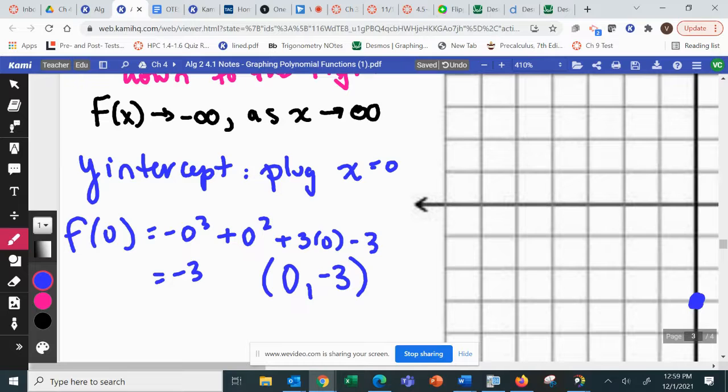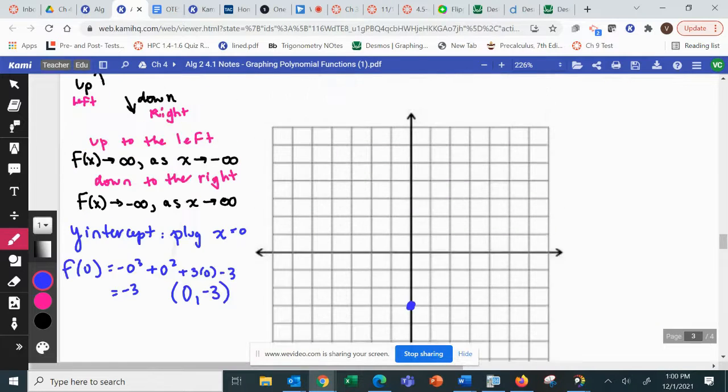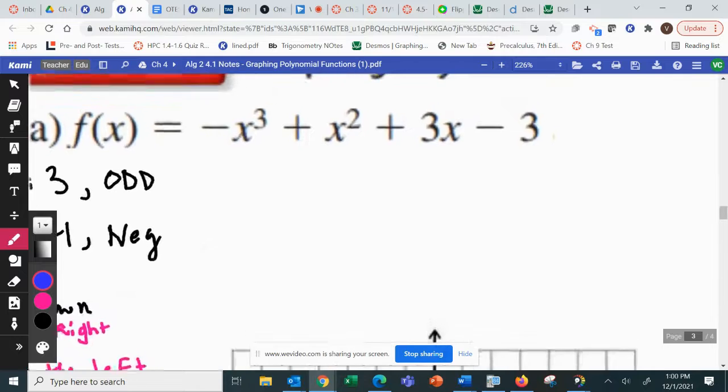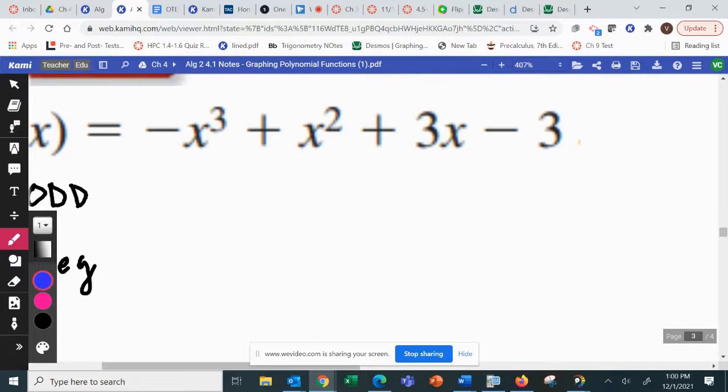What else have we been doing this whole time? Y-intercept. And what? The x-intercepts. When we graphed lines, we found both. When we graphed quadratics, we found both. When we graph polynomials, we find both. I'm going to put the x-intercept stuff over here. Okay, to find the x-intercept, what do we do?